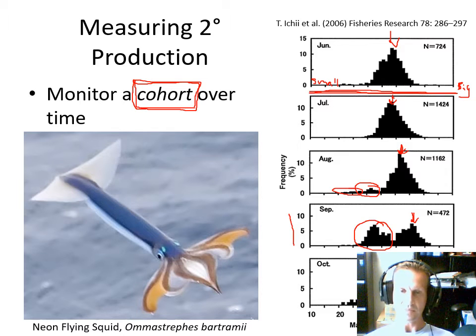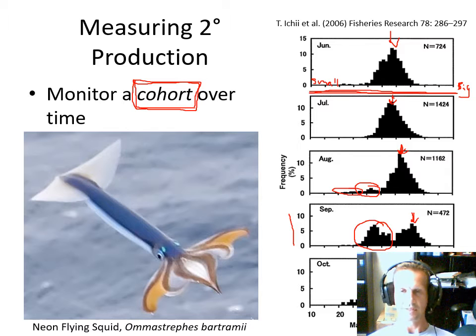So this kind of tracking of a cohort through time is something that's monitored a lot for fishery science, where they need to sort of figure out how many of the species that they're harvesting are out there, what ages and sizes are they surviving, how long are they surviving?